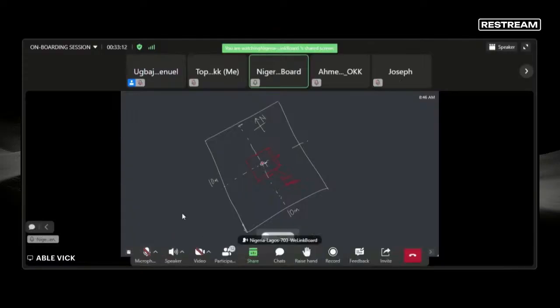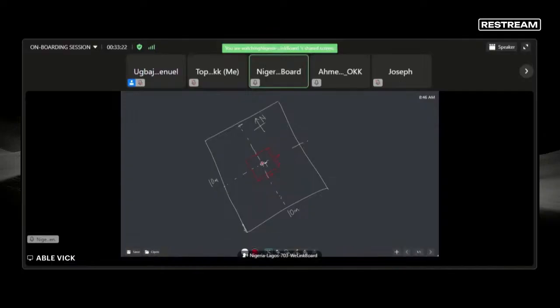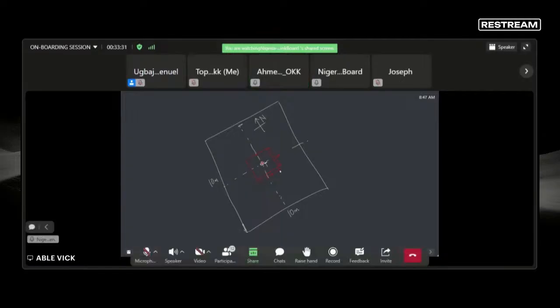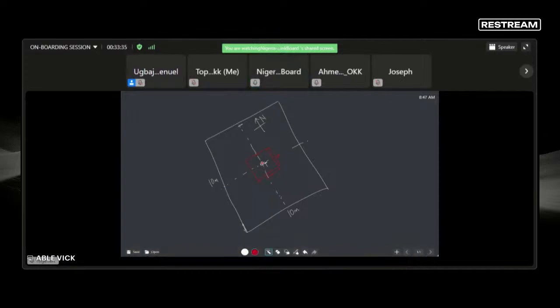Your cursor is not moving. We can't even know where you are. Okay, writing on the board now, I'm showing you the tower foundation. Even without showing you the tower foundation on this sketch, you should know which one it is. This tower foundation is 2.2 by 2.2. That first red box you are seeing is your tower foundation.